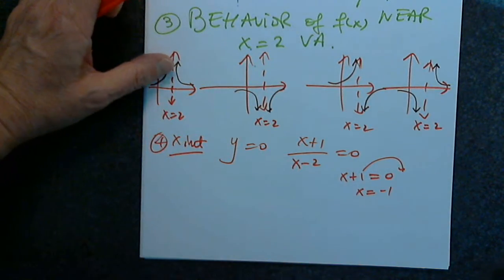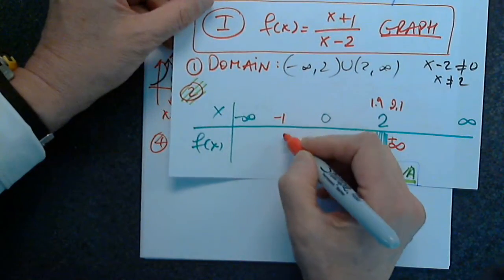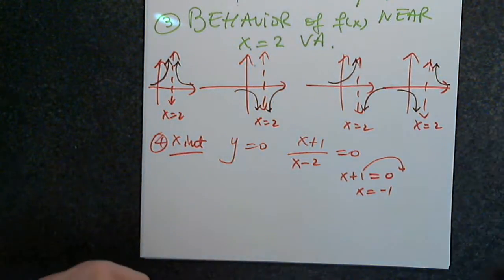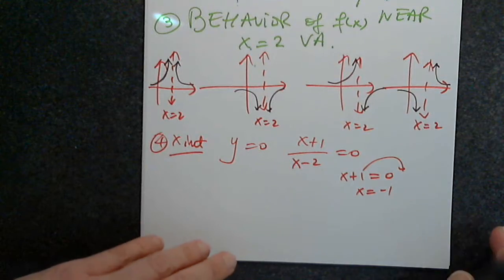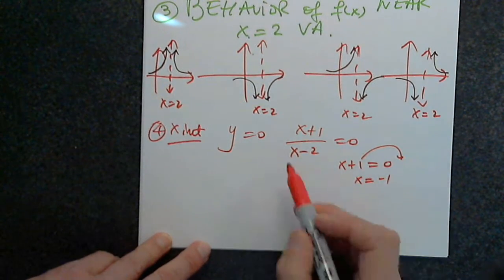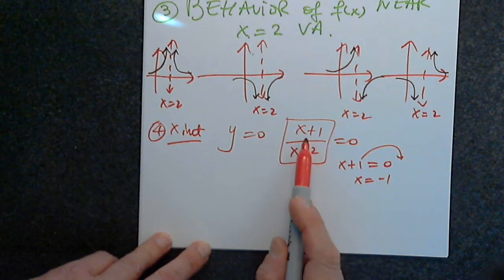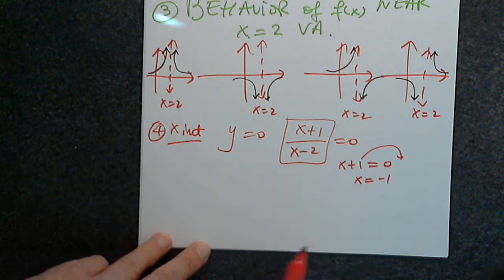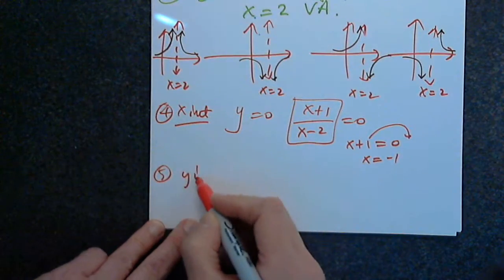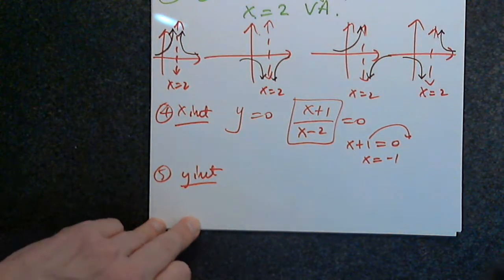So negative 1 comma 0. Is this clear for everyone? A fraction is 0 when the top is 0. So x plus 1 is 0, and we solve for x. Number 5, the y-intercept. How do we get the y-intercept for any function?